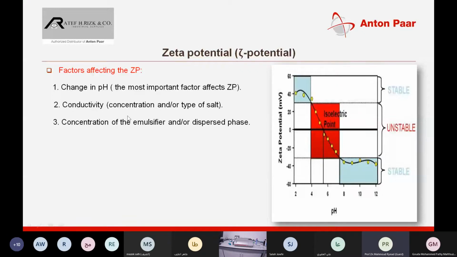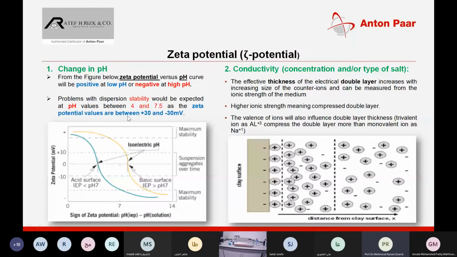Change in pH: from this figure, we notice that a zeta potential at pH lower than 4 or higher than 7.5 gives a stable system. The other factor is conductivity: the thickness of the double layer increases with increasing size of the counter ion.